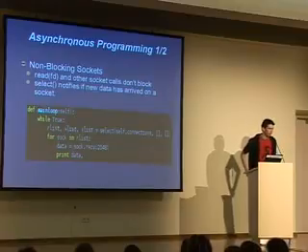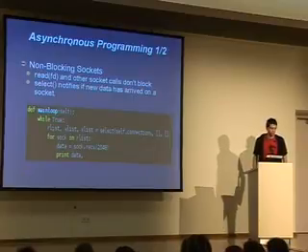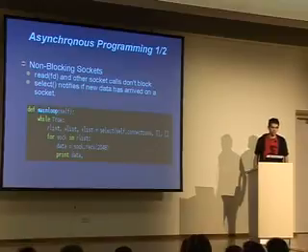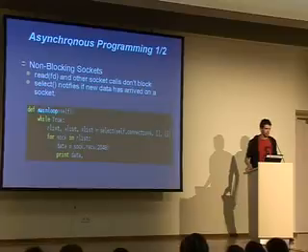So if we want to wait until data arrives on one or more data sources, we use the select statement or poll or KIO. There are lots of different operating system-dependent ways of finding out if data arrives on a non-blocking socket.